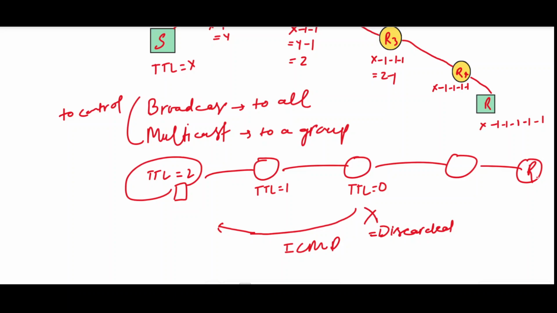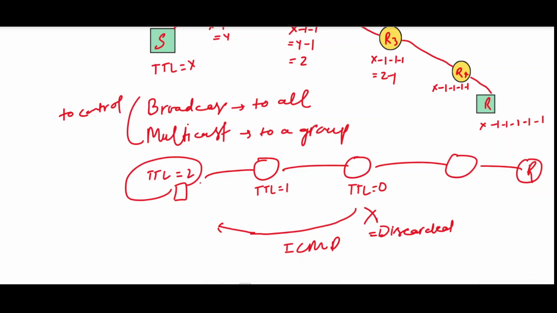Before reaching the receiver, the packet is discarded at some other hop. So this packet will be ICMP, which carries information about discarding in the network. So this is a time exceeded message sent back to the sender of the packet, saying to increase your TTL value.